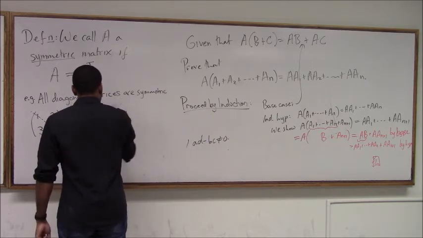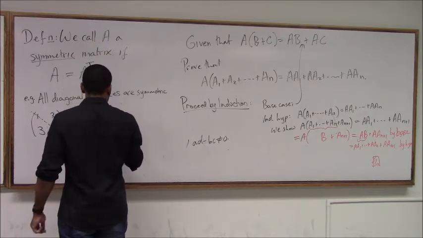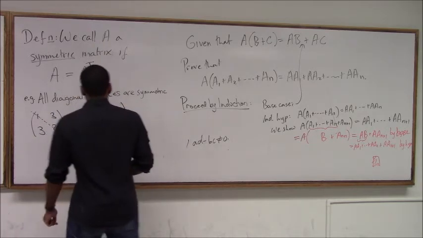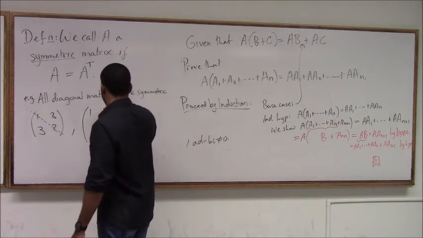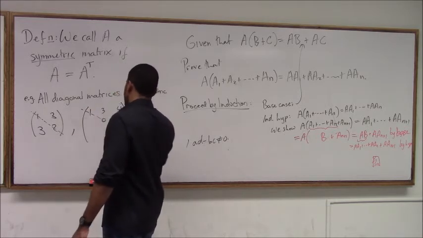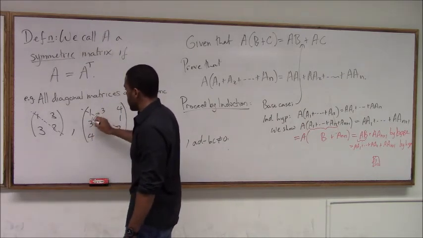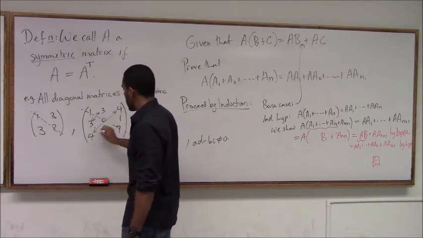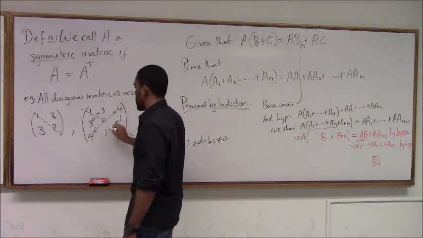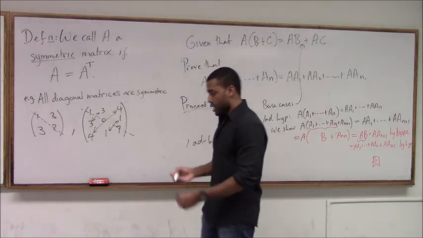Pretty much anything that, so something like 1, 0, 7. So if I put 3, 4, 1, pretty much anything that reflects directly over this. So this would be 3, 4, because the 3 matches with the 3, the 4 matches with the 4, and the 1 would have to be here to match with the 1. That's a symmetric matrix.